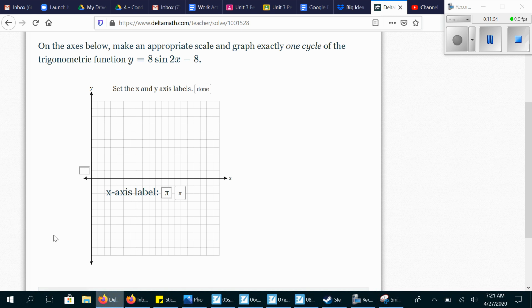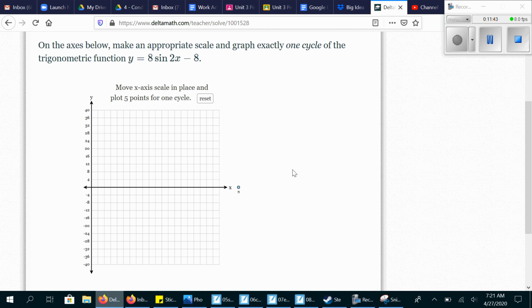So let's set a y step of 4 so that we can make sure we get -16 onto this graph, and done.